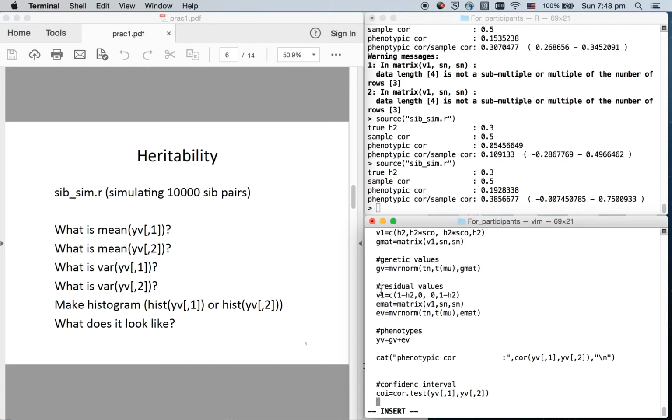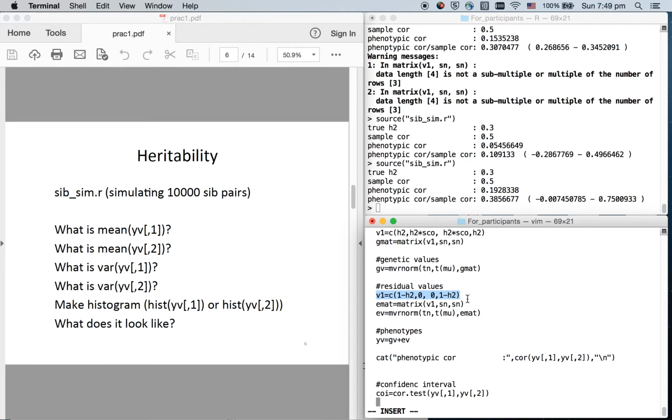Then the residual values. That is 1 minus heritability, right? This is the residual. In this case, phenotypes are standardized, mean 0 and variance 1. For the residuals, there are errors. Errors shouldn't be correlated between sibs, right? That's why this is assigned as 0. The residual is the same for the first and second dizygotic twins or full sibs. Now this is the residual structure.